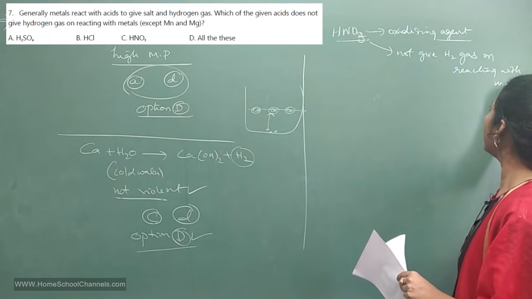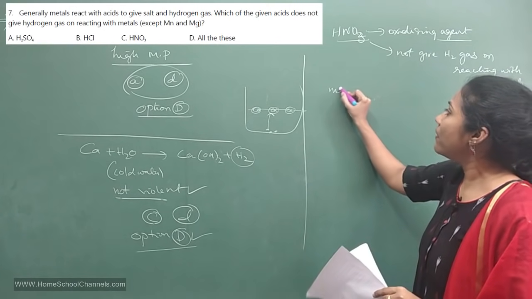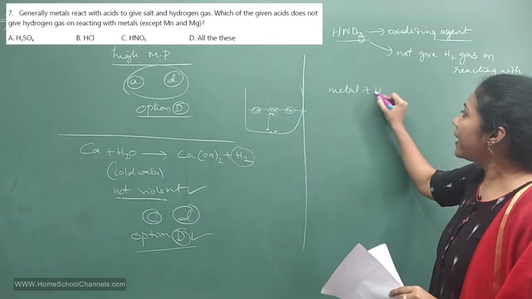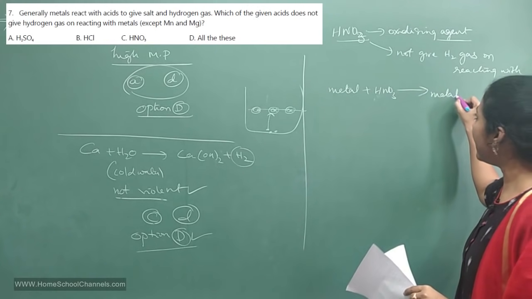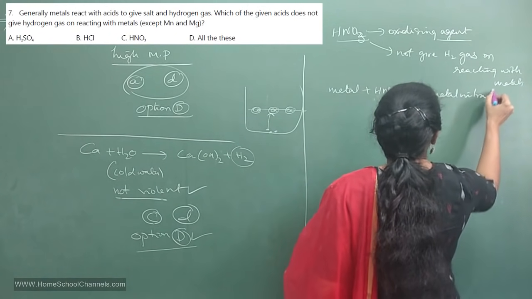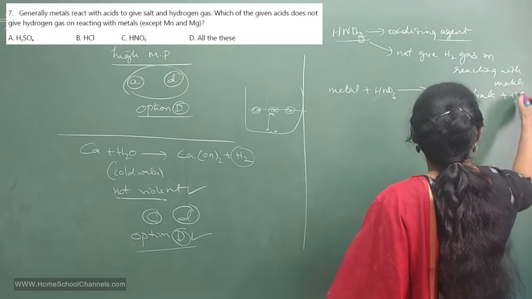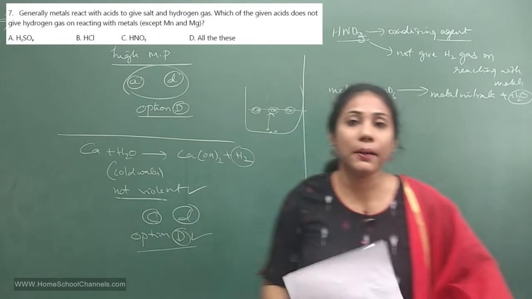So this is the concept we studied. If you have a metal and you treat it with HNO3, what products will you get? You will get metal nitrate plus water. Hydrogen gas will not come.